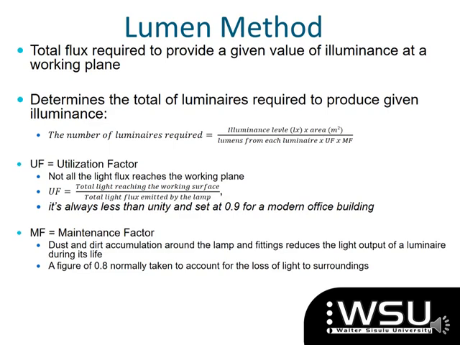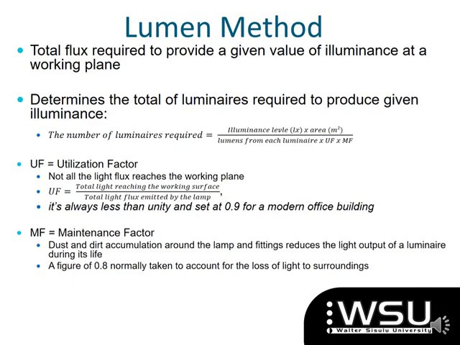Your UF is your utilization factor, which means that not all the light from the flux reaches your working plane. Some of that light might be absorbed by your ceilings, your doors, your walls, so it doesn't necessarily get to your surface point.